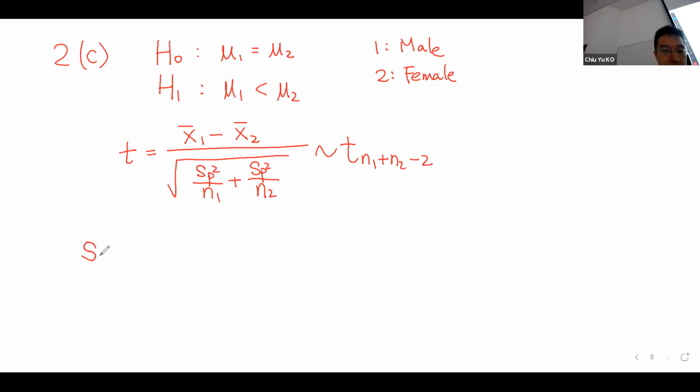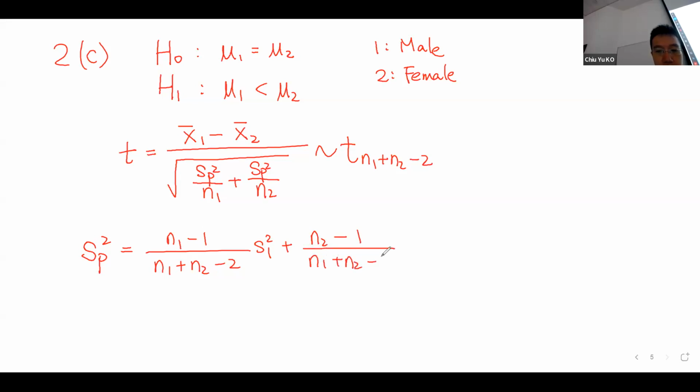And what's SP here? SP squared is simply n1 minus 1 over n1 plus n2 minus 2, times s1 squared, plus n2 minus 1 over n1 plus n2 minus 2, times s2 squared. So you can simply calculate that. Plug in all the numbers there, and you can have the t.